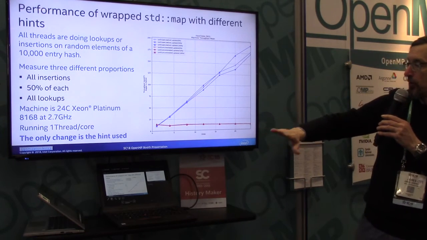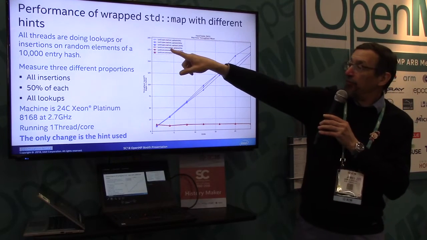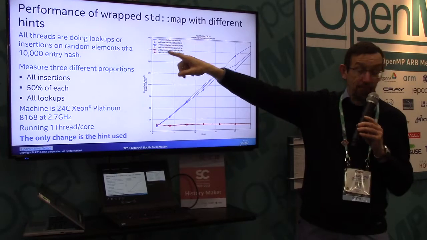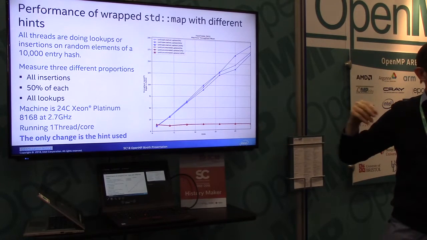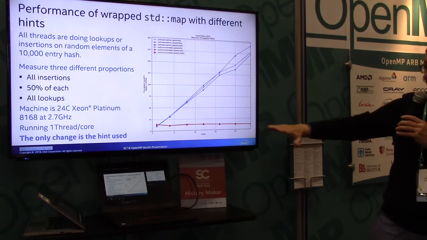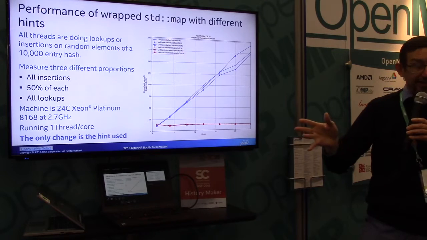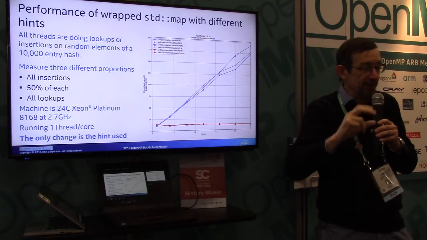I'm running 1 thread per core, and if I use the default lock hint of uncontended, I get this performance in red, which is kind of what you'd expect. All of the threads are trying to be in the critical section at the same time. They can't be. Therefore, adding threads doesn't get me any performance improvement. How can it? All of the time is serialized.